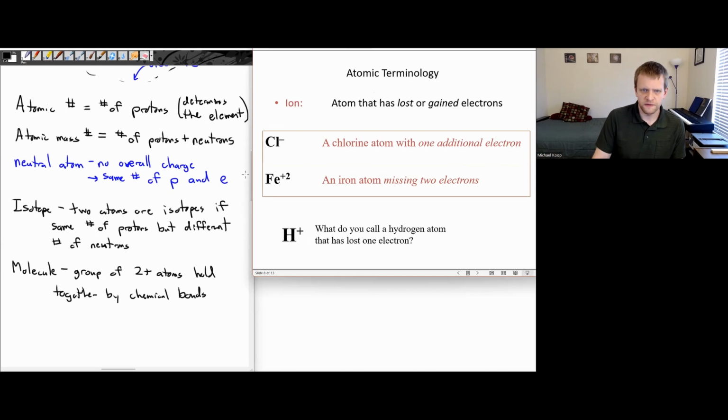A little bit of final terminology, at least for now. We have an ion. It's an atom that has gained or lost electrons.